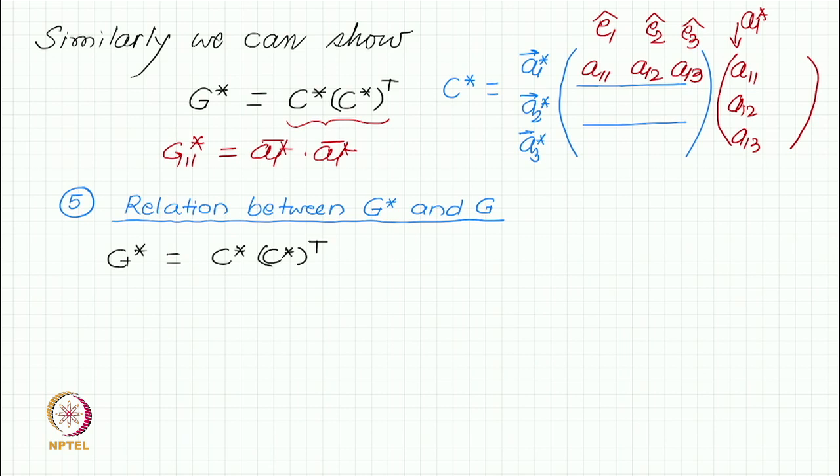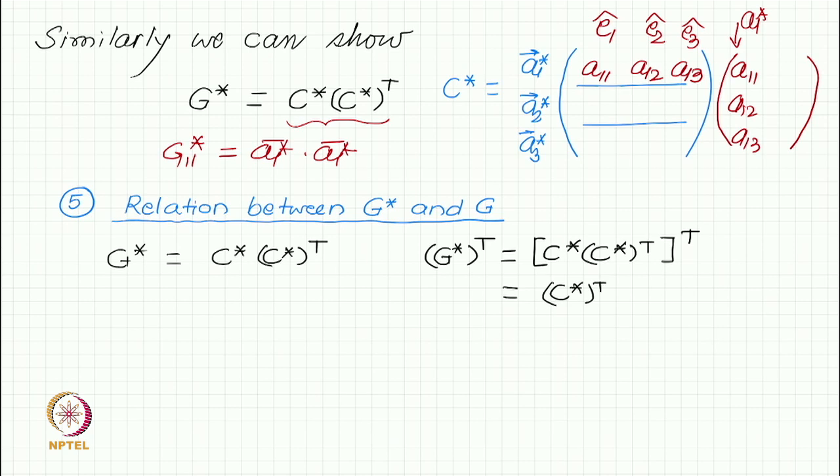I do not know whether everybody caught that discussion with Rajat. What we are saying is that G star is symmetric, meaning G star transpose should be the same as G star. So, if we take the transpose, C star transpose, and in transposition when the product is there, we flip the sequence.